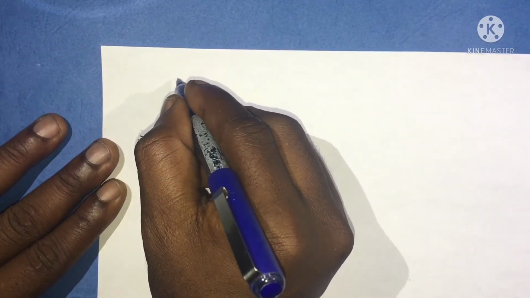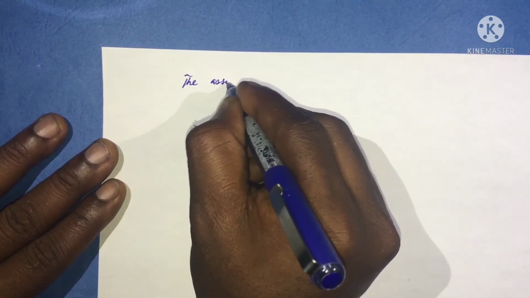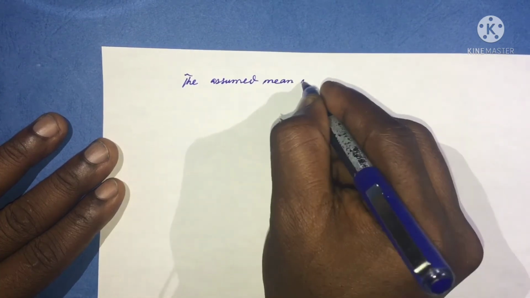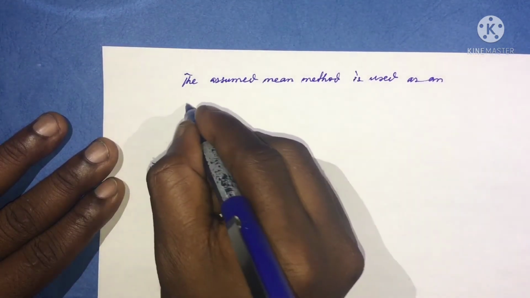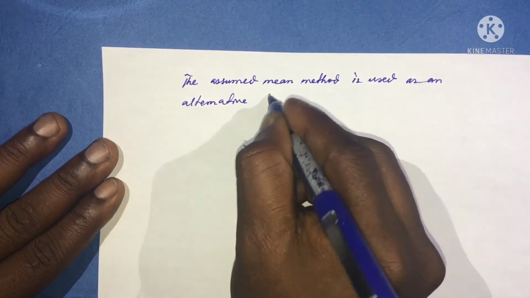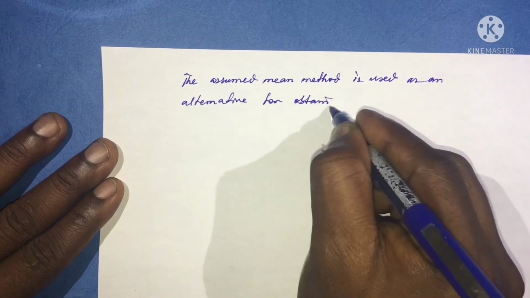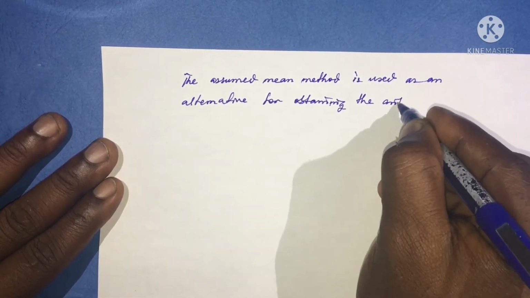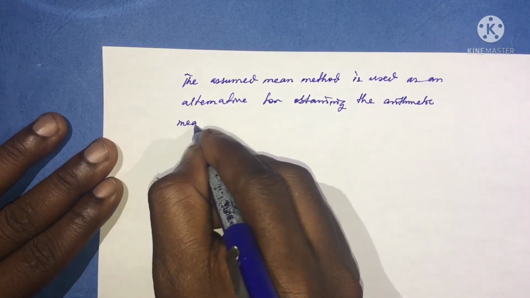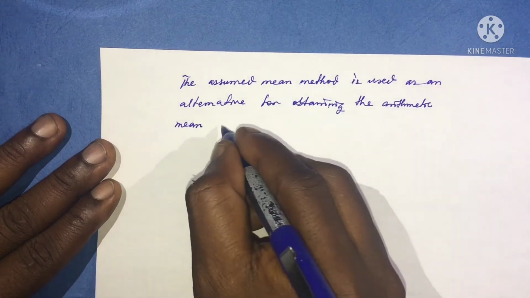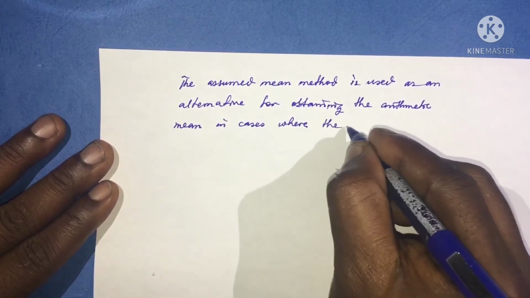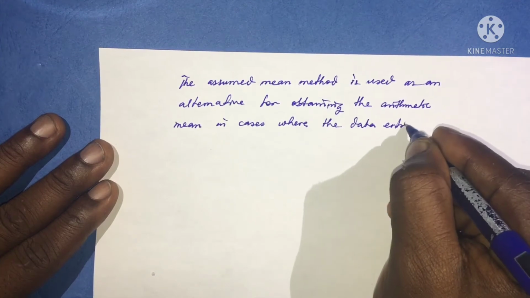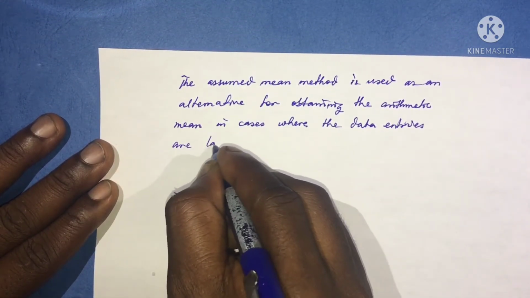Now, before I go into the next method, I want to state here that the assumed mean method is used as an alternative for obtaining the arithmetic mean in cases where the data entries are large.